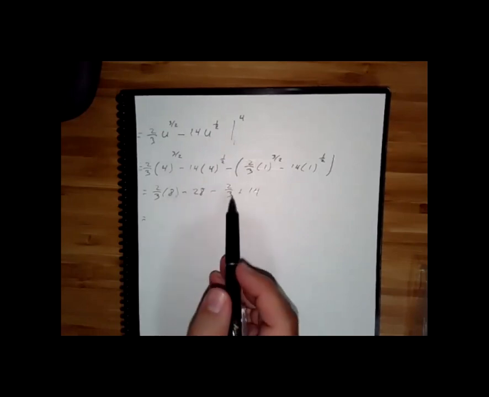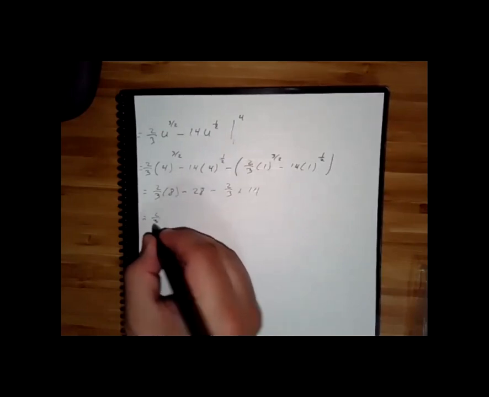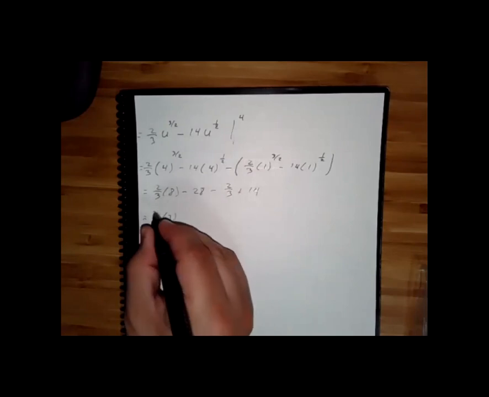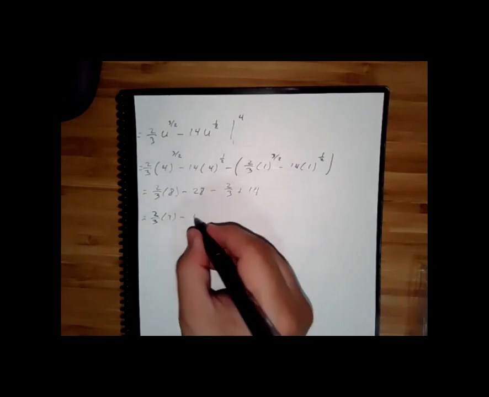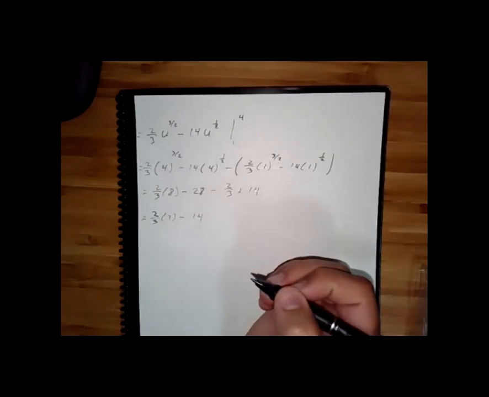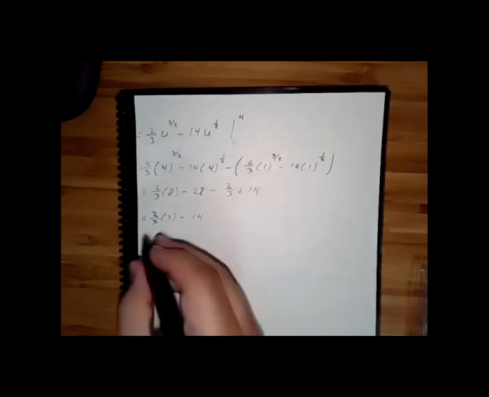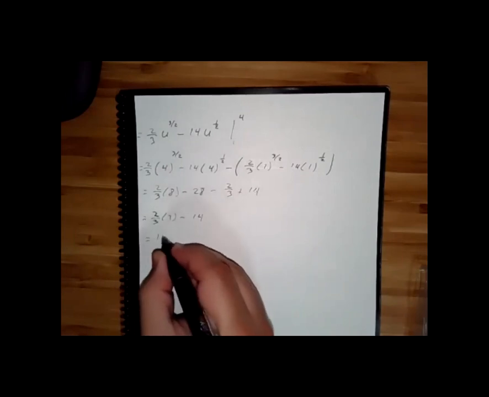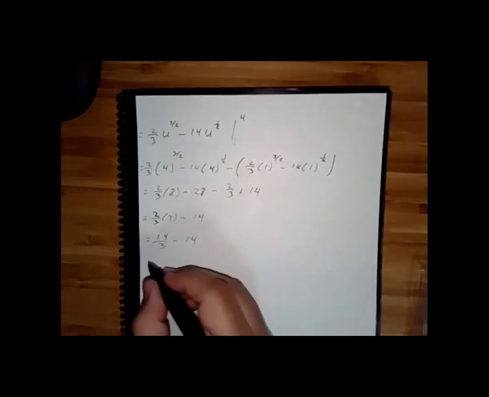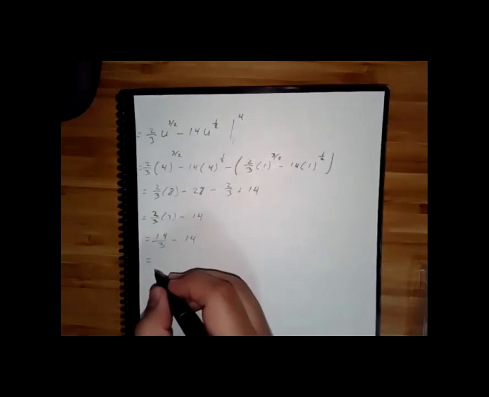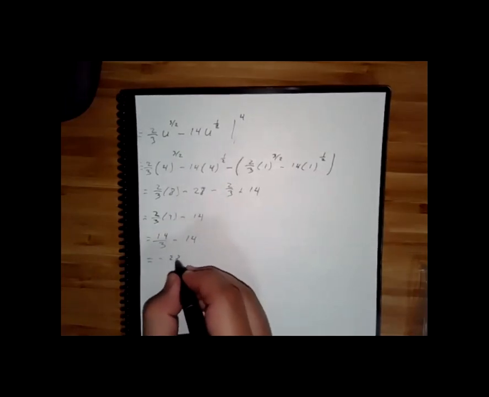Got 8 of them minus 1 of them. That's 7 of them. Right. Negative 28 plus 14 is negative 14. Okay, so that's 14/3 minus 14. So that's negative 28/3.